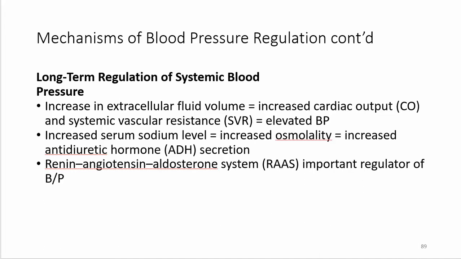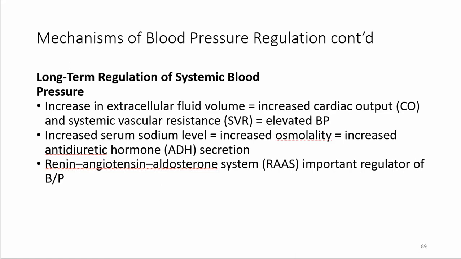Now, angiotensin 2 has two important effects. One is that it causes the release of aldosterone, and aldosterone turns on the sodium-potassium pumps of the distal convoluted tubules in the nephron and increases the amount of sodium.